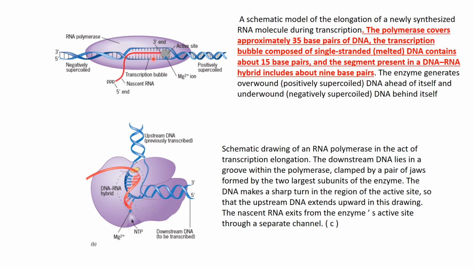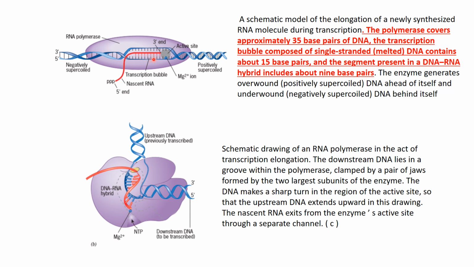Always keep in mind that transcription always occurs from 3' to 5' end of the template strand. Therefore, RNA polymerase is also going to move from 3' end to 5' end of the template strand. Right? And this is the hybrid region of DNA-RNA.